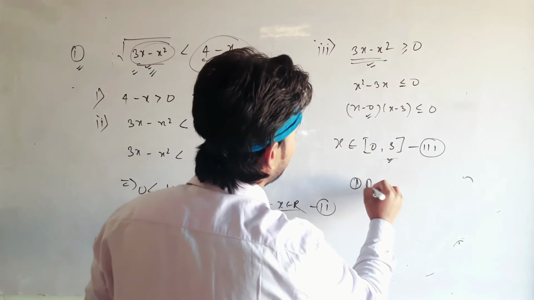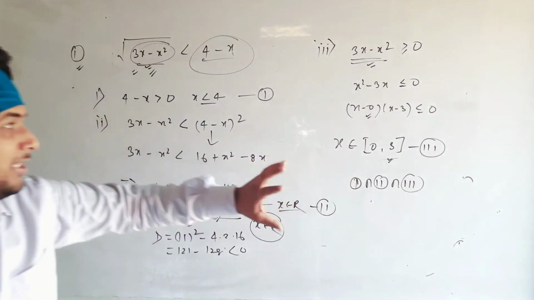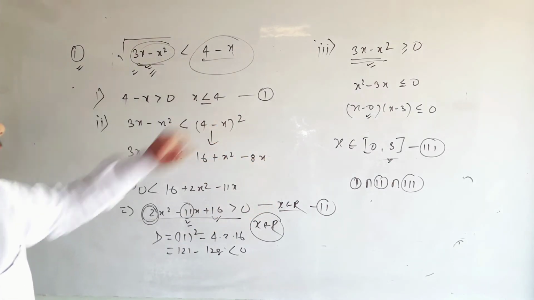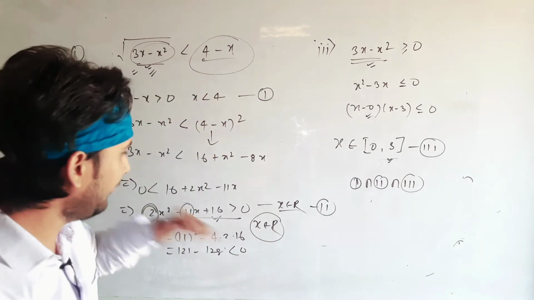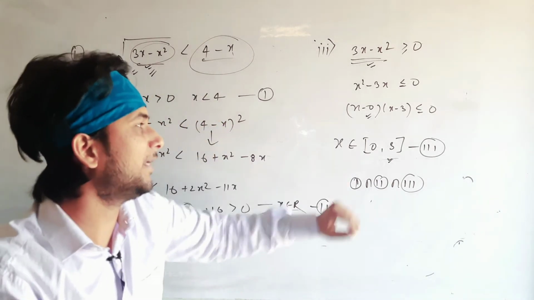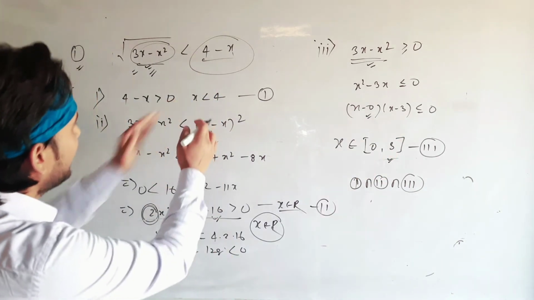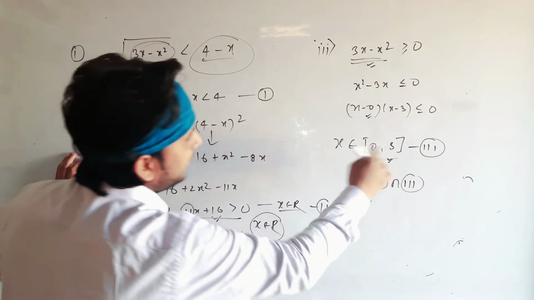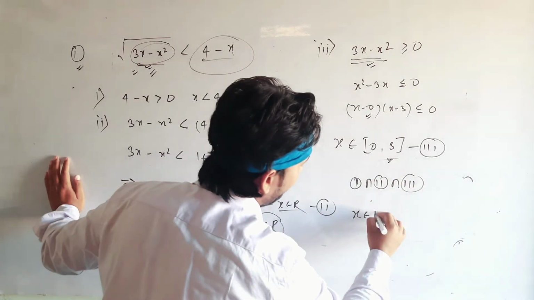What will be the intersection? This is x less than 4, this is x belongs to real numbers, and this is 0 to 3. The intersection will be 0 to 3, and the answer will be 0 to 3.